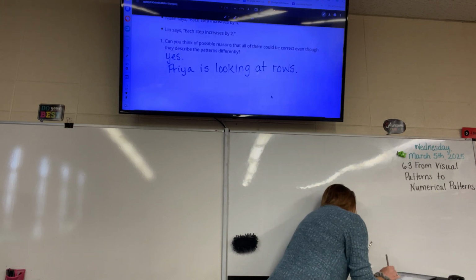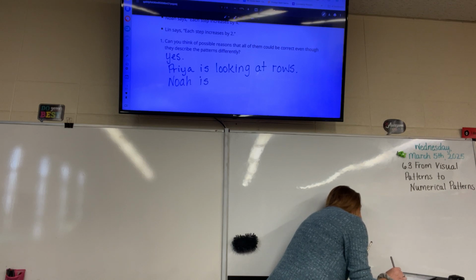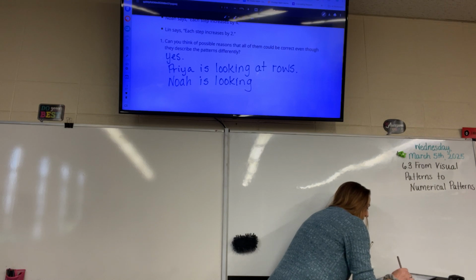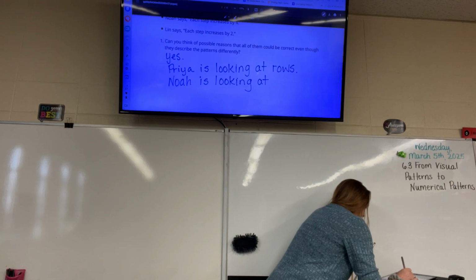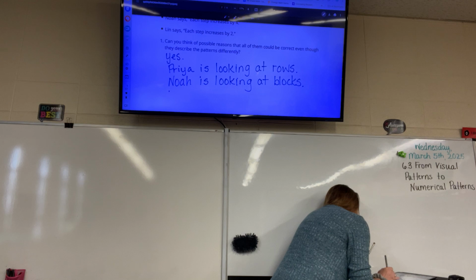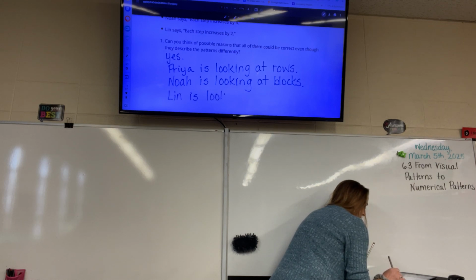And then Noah is looking at blocks. And then Lynn is looking at groups of 2.